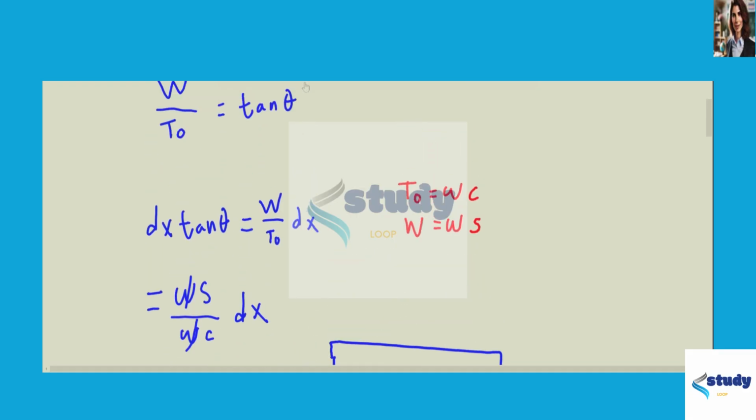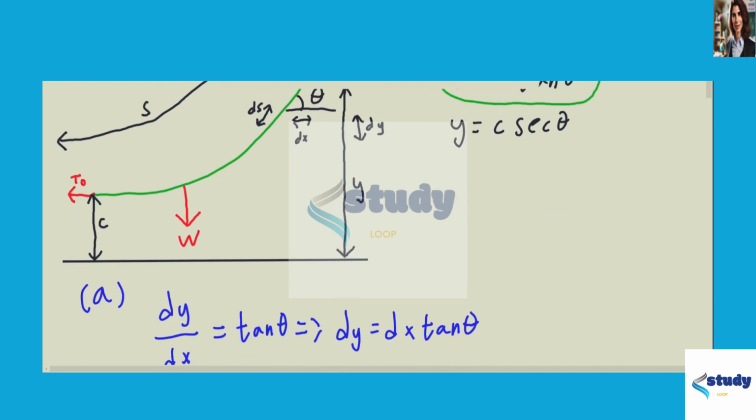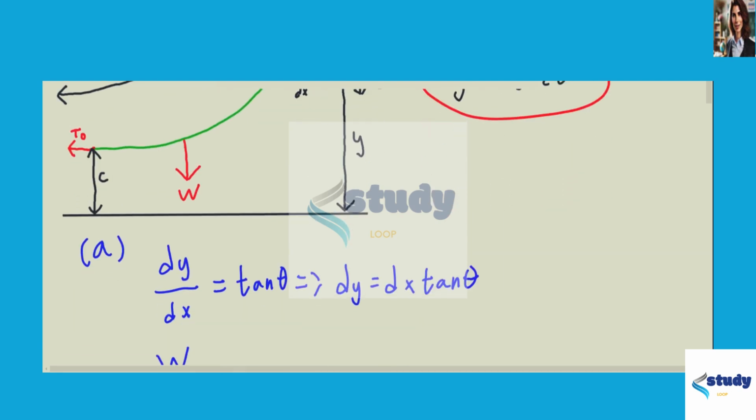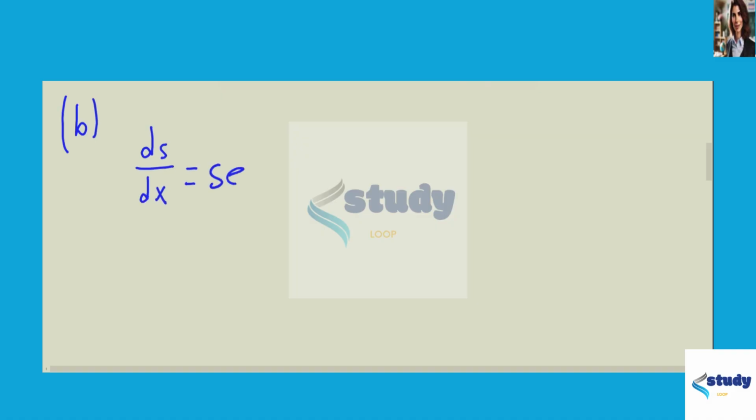Now we're going to prove this second equation here. We're going to work with this one here. So by looking at the free body diagram, we can say that ds divided by dx is equal to the secant of theta.